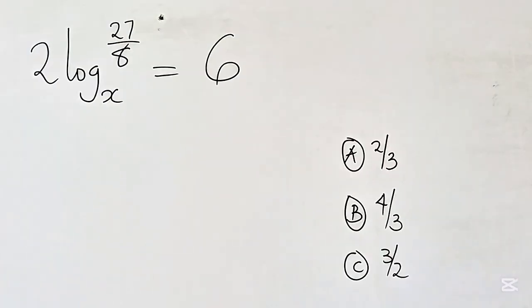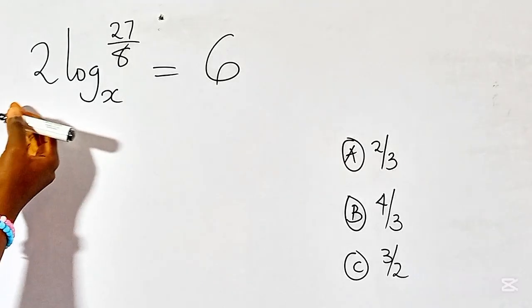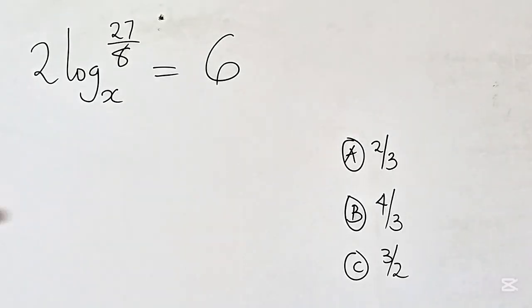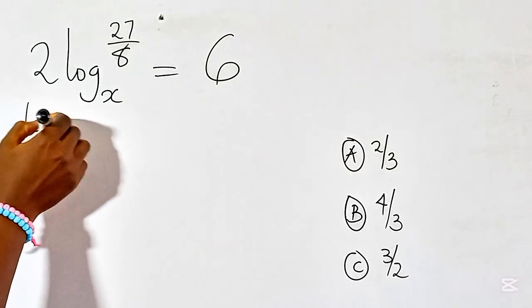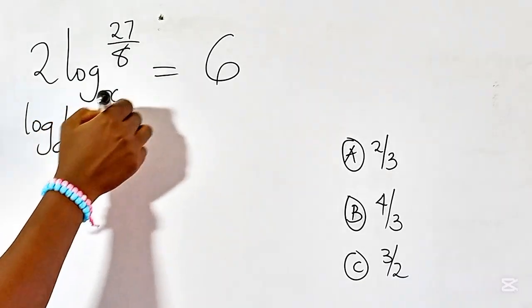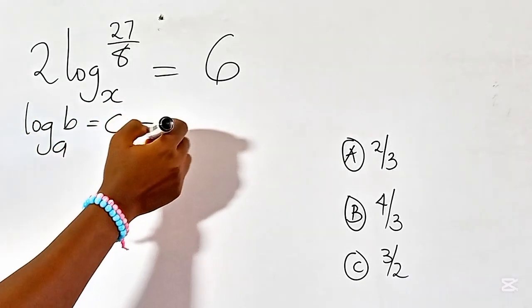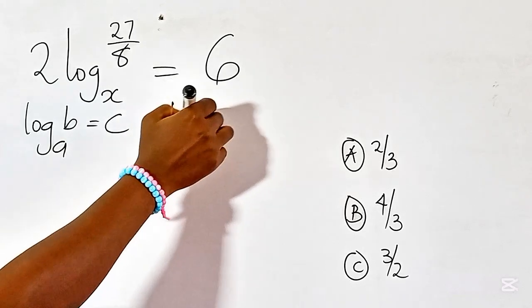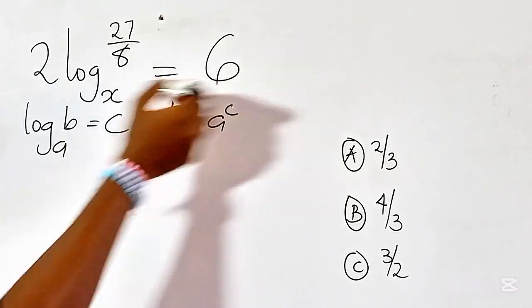And we have a second example here. I want you to observe this quickly and comment if you notice any difference between this example and the first one we solved. All right, as usual, we have the general form of a logarithmic equation: log to the base of a of b is equal to c, and the exponential form is b is equal to a to the power of c.